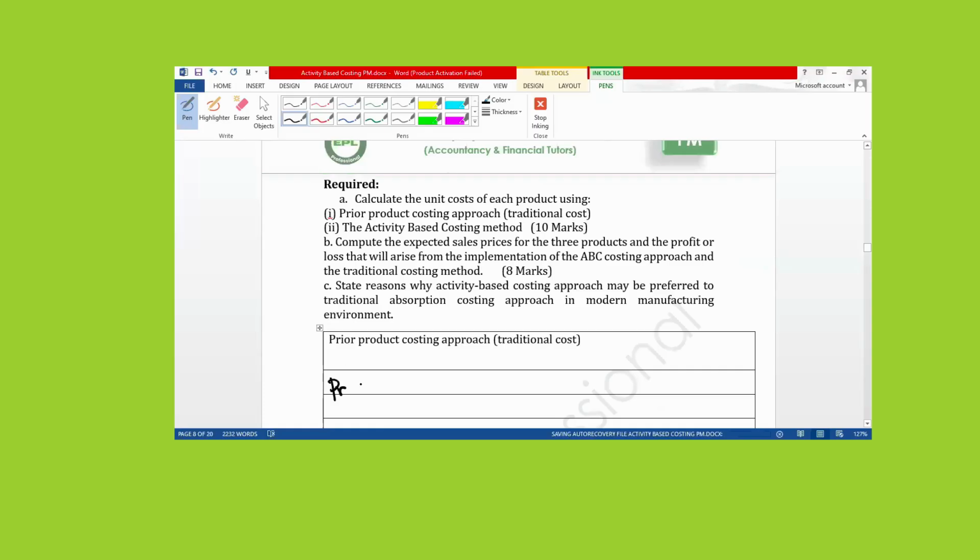Our products, we have alpha, beta, and we have gamma. This company manufactures 3 products.